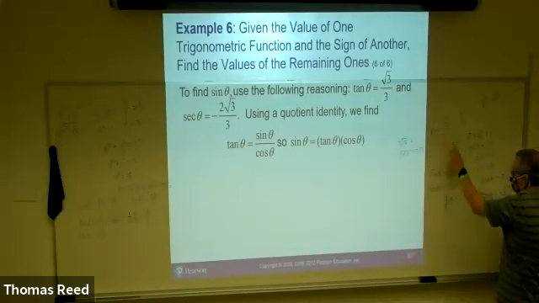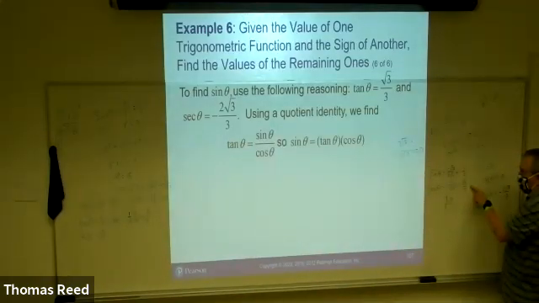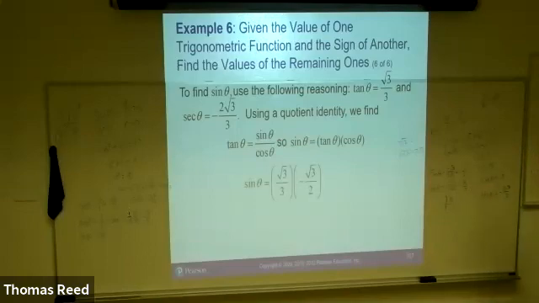Tangent is square root of 3/3. Cosine is the negative square root of 3/2. You multiply. Oh yeah, it comes out to negative 1/2. Okay, which is what we needed to have happen. And cosecant is just a reciprocal, which gave us negative 2.